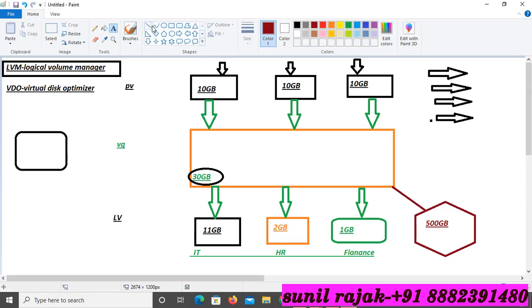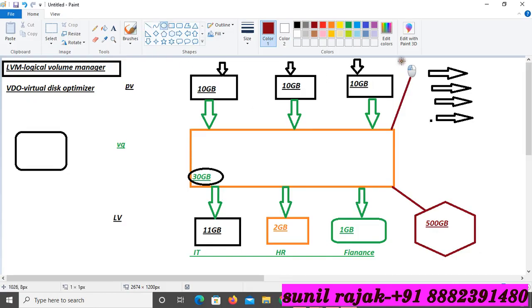Nothing special. You will attach one more physical volume. Here you will attach another physical volume, and that volume will be larger than this logical volume.